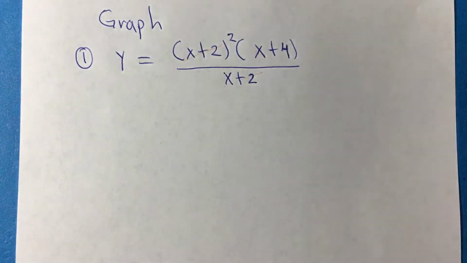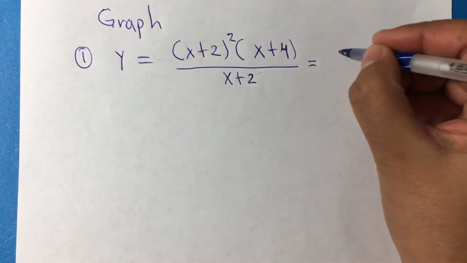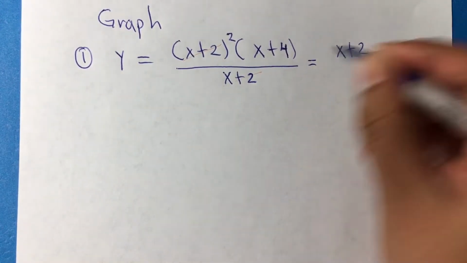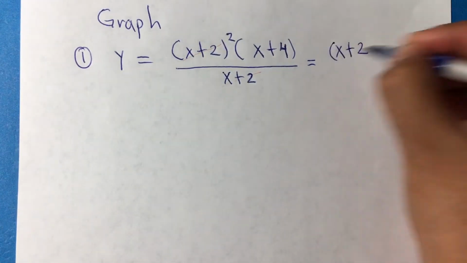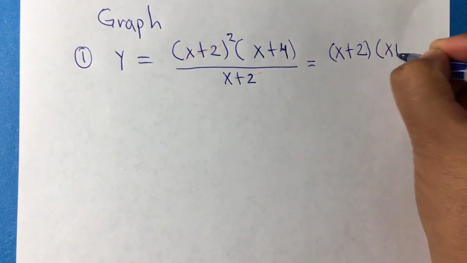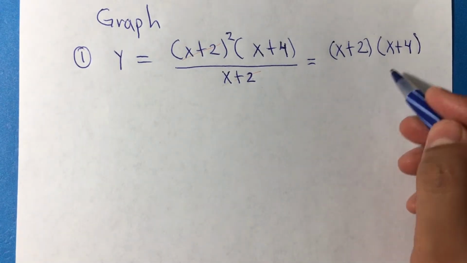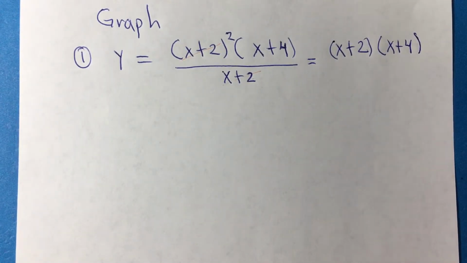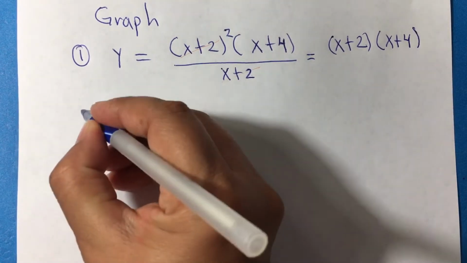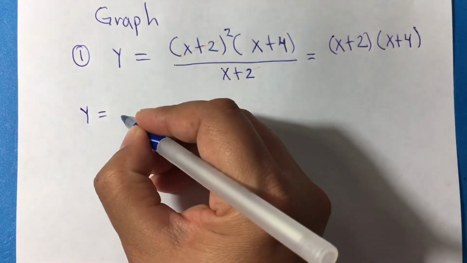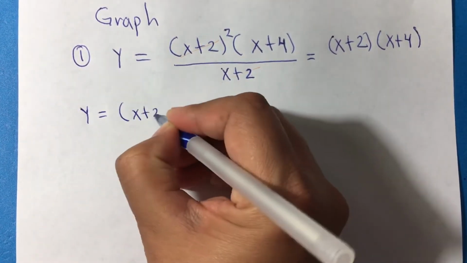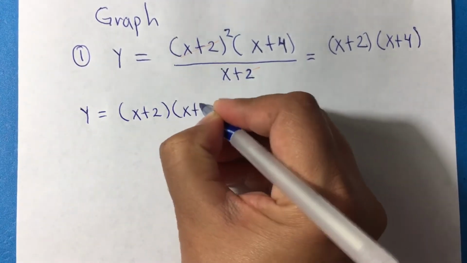X plus 2 cancels with x plus 2, and we're left with x plus 2 times x plus 4. Since we have that cancel, we don't need to put it underneath. So our simplified equation is y equals (x plus 2) times (x plus 4).